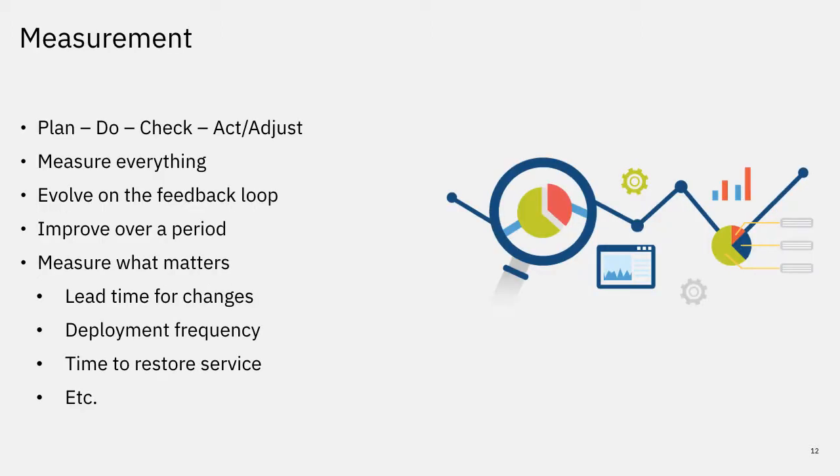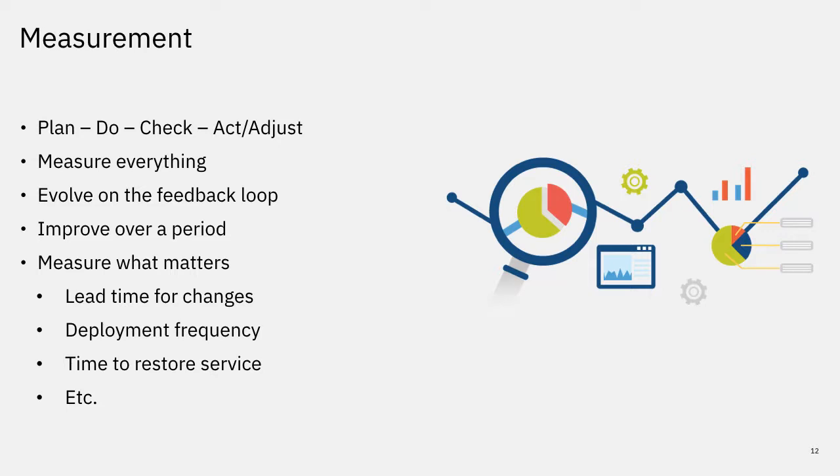The fourth principle of DevOps is measurement. In the development life cycle where you have plan, do, check, and then act or adjust, metrics play a key role.